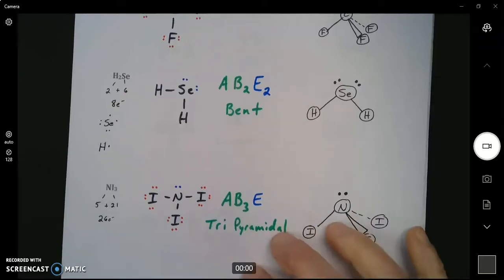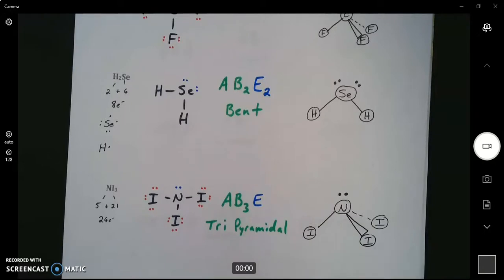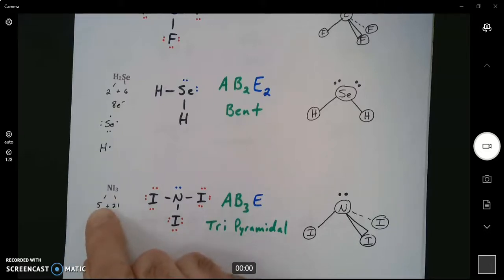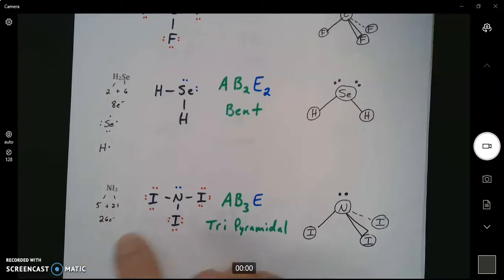The third one on the front page here is a third shape, which also happens to be a tetrahedral shape. The nitrogen gives us 5 valence. Each iodine gives us 7. So 3 7s give us 21. We're at 26 electrons total.